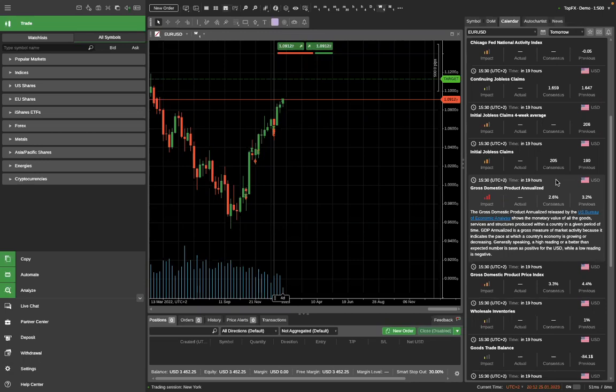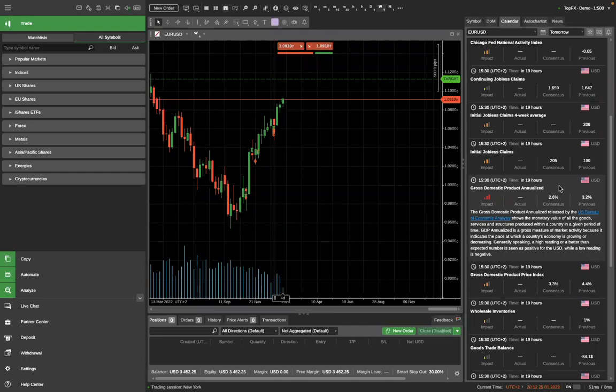So research the market, do your own research, of course, and the forex calendar might help you find out exactly what time and what event is important for your strategy and for the overall market behavior, because it's based on the general economy, right?